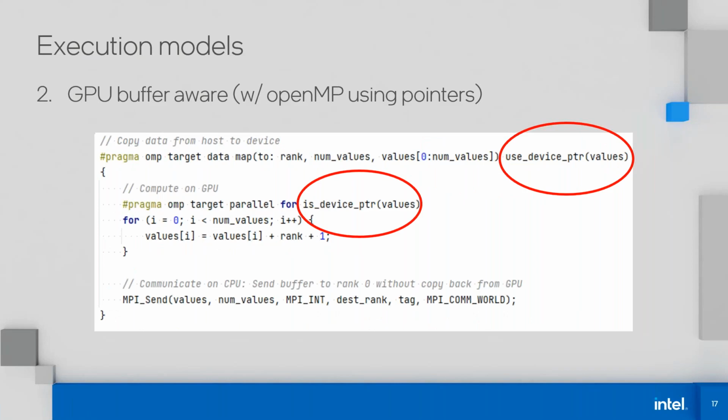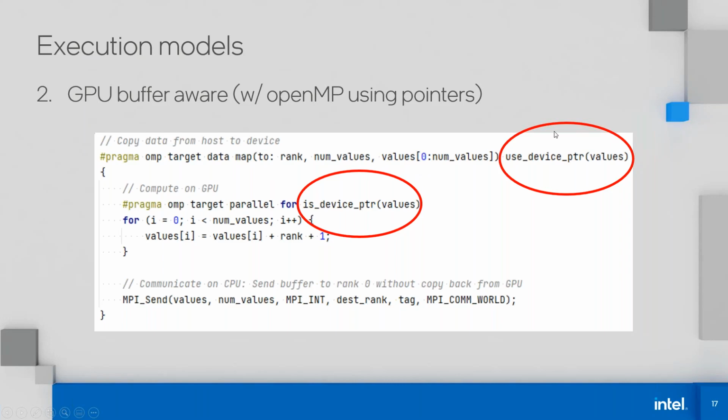And this is an example with GPU buffer support. As you can see, MPI send here is inside the pragma, but it's still communicated on CPU. Then array values is copied only to GPU. We don't need to copy it from GPU to the host.